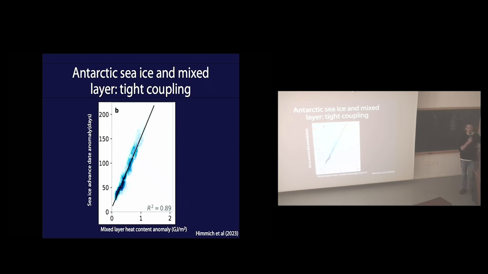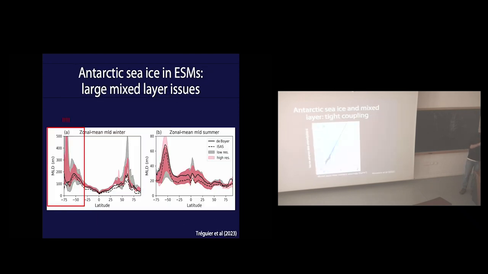And we also know that there are really strong heat exchanges in winter between the subsurface ocean and the sea ice growth, and these are definitely probably not well represented. So there are lots of physical reasons to think that the sea ice seasonal cycle in the Southern Ocean is tightly linked with the surface ocean.